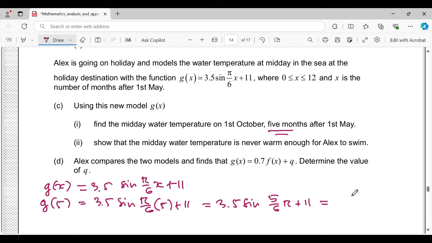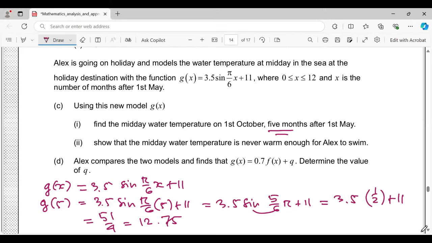If you calculate, sine 5 over 6 pi is a half. So 3.5 times a half plus 11. So it is 51 over 4, or in decimal number, 12.75.